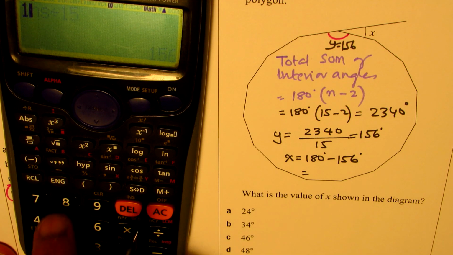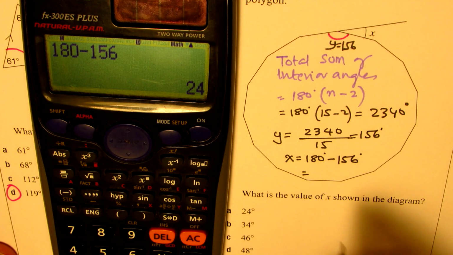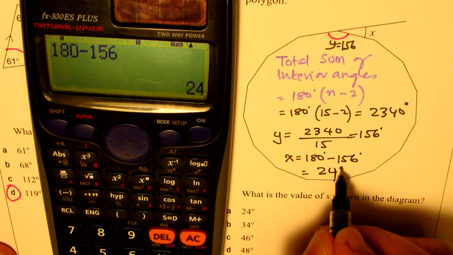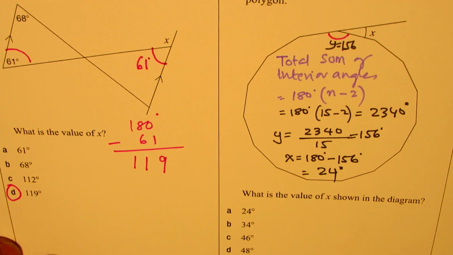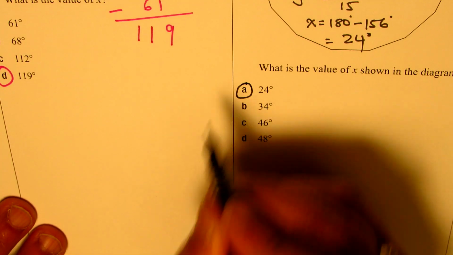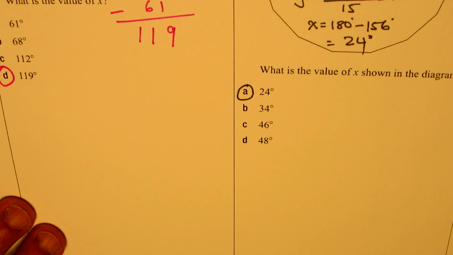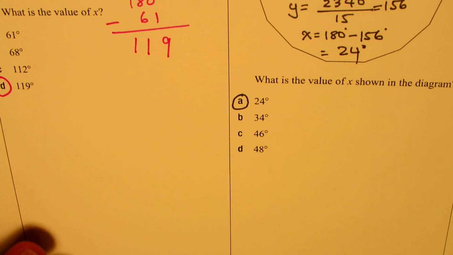So 180 minus 156 gives our answer, which is 24 degrees. So option A in this case is the right option, which is 24 degrees. I hope you understand the calculations. So with that, we complete our test paper.